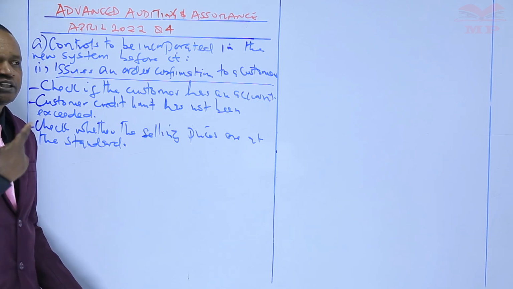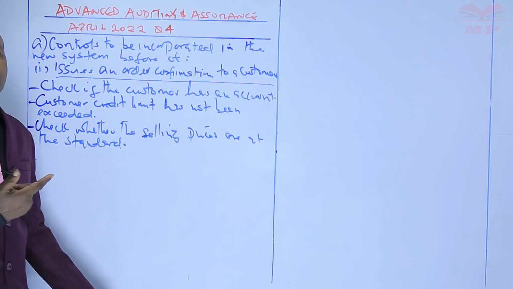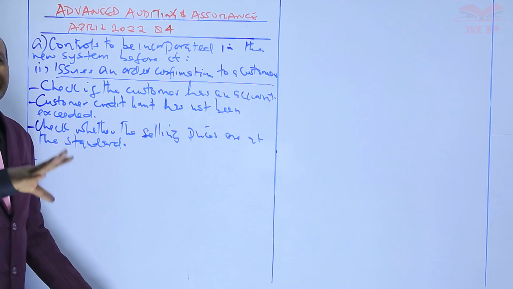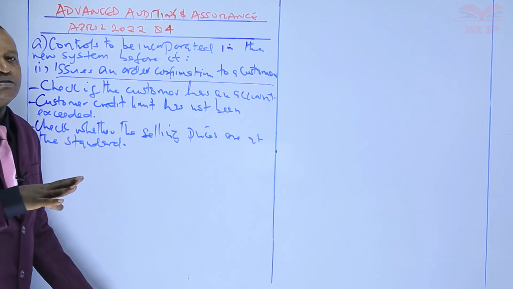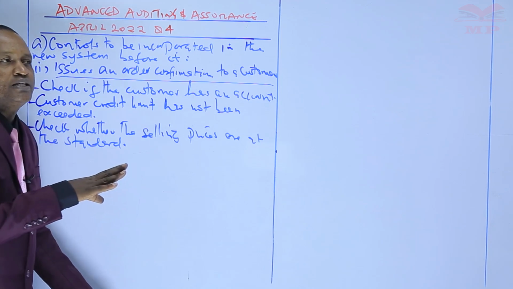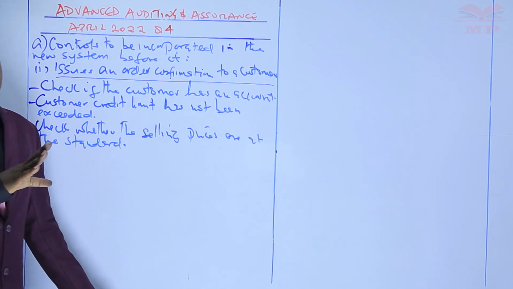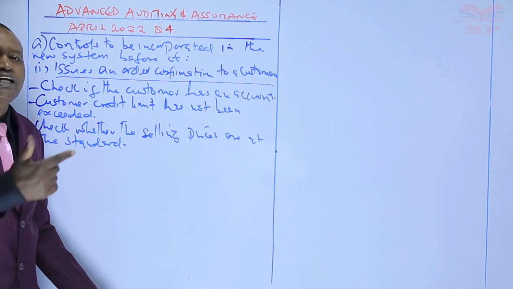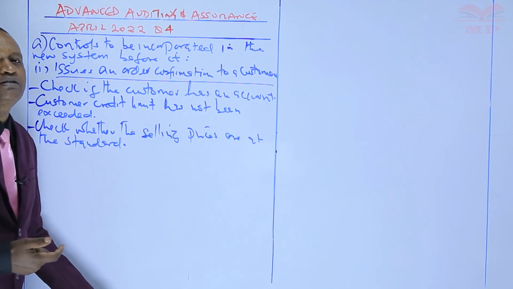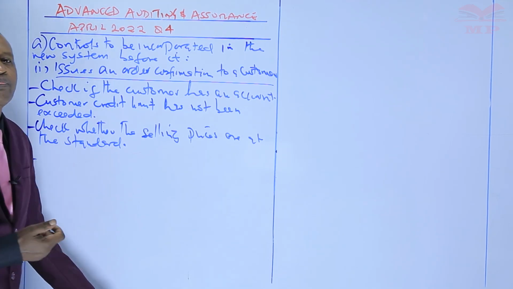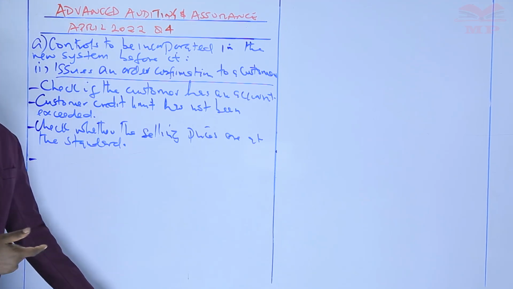So the system should be able to help allocate credit limits to customers, and it should ascertain whether the limit has been exceeded if a new order is placed or not.